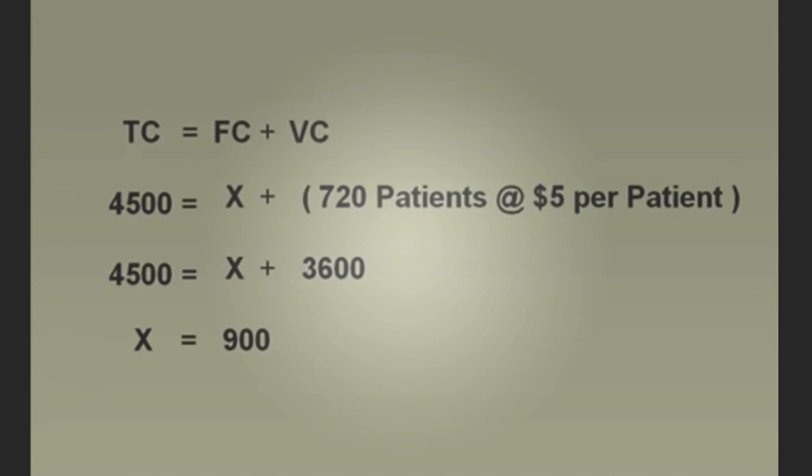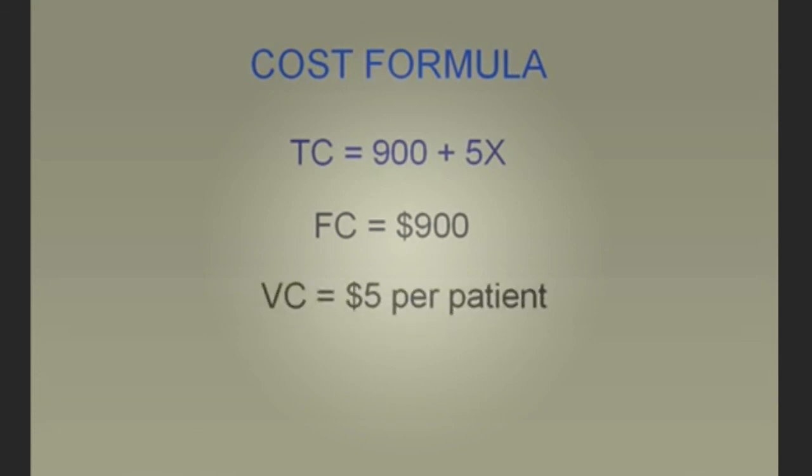Using that, we can come up with a cost formula. The cost formula is total cost equals fixed cost, which is $900, plus variable cost per unit, per patient here, which is $5, times X. In this formula, fixed cost is $900, variable cost is $5 per patient, and X is number of patients.